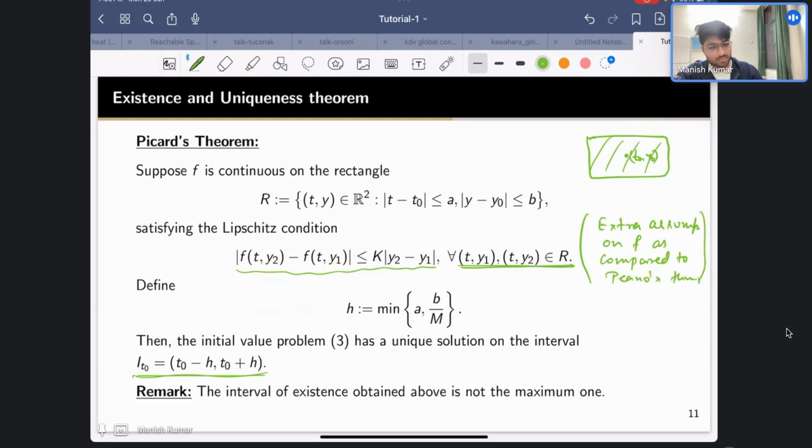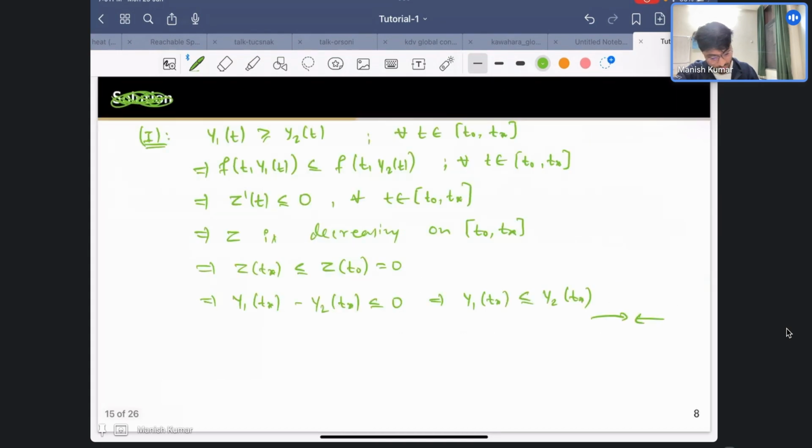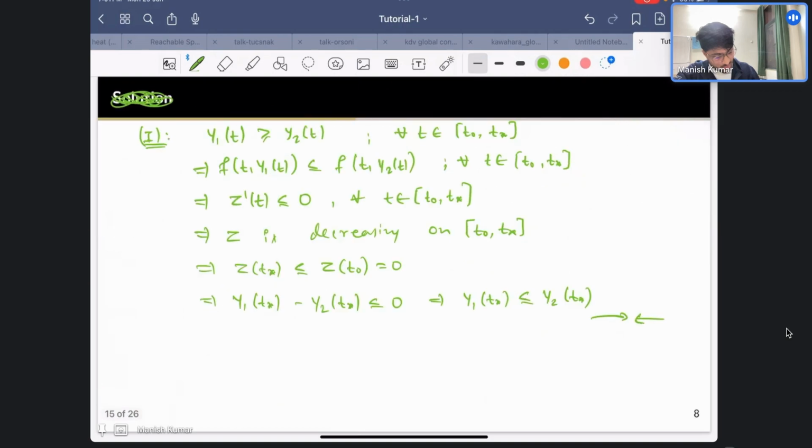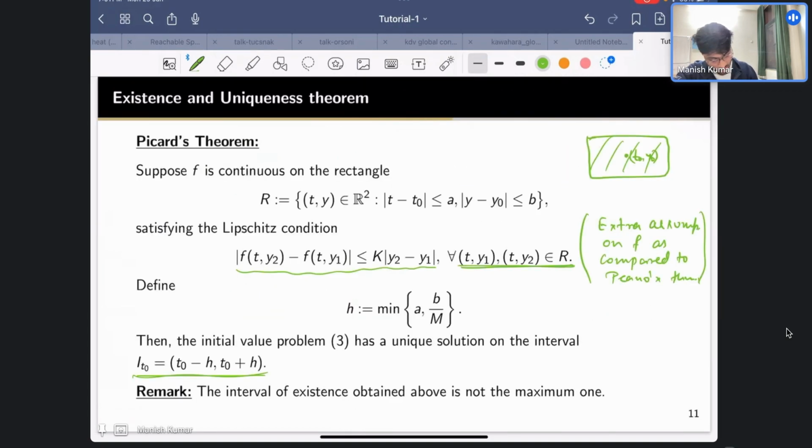Again it says the solution will exist on t0 minus h to t0 plus h, which means that on some interval the solution will exist and it will be unique.